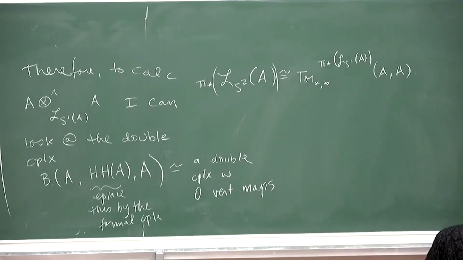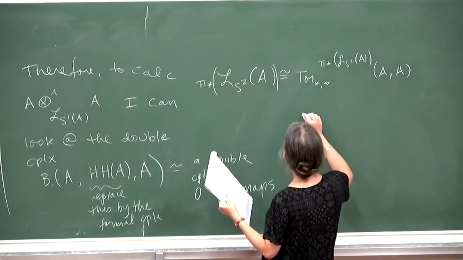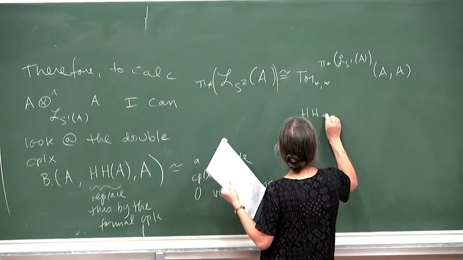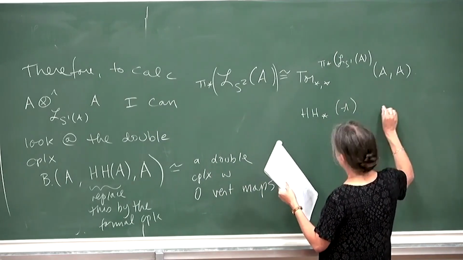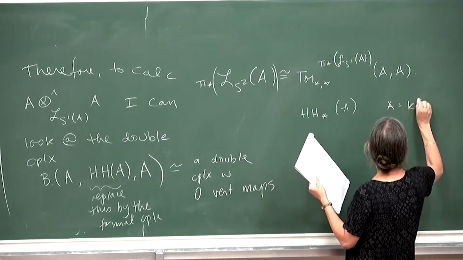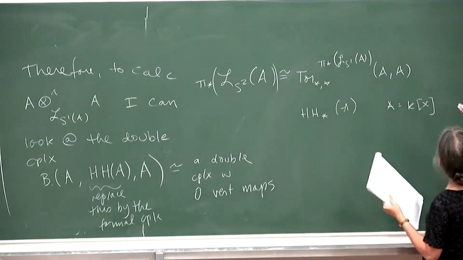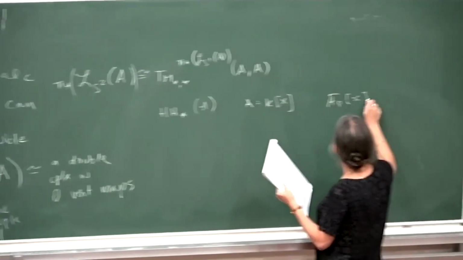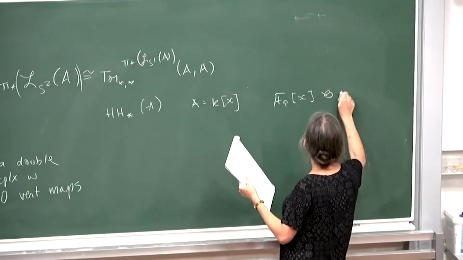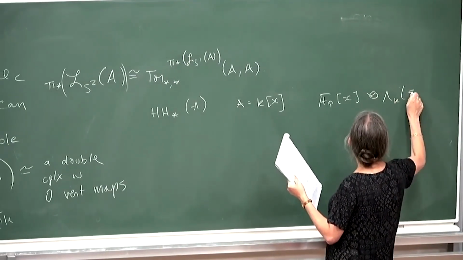And moreover, the Hochschild homology of A, for A equals k[x], where again k is a field of characteristic p, I get F_p[x] tensor exterior over k on epsilon x.